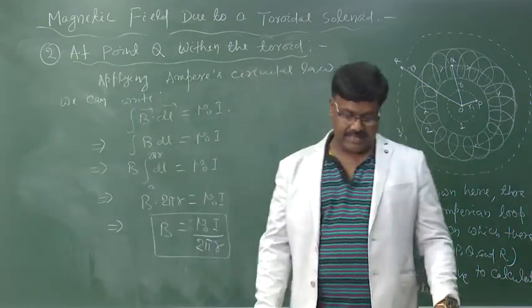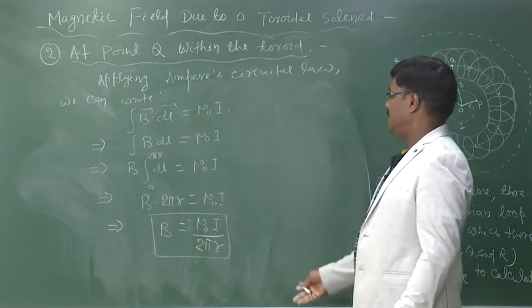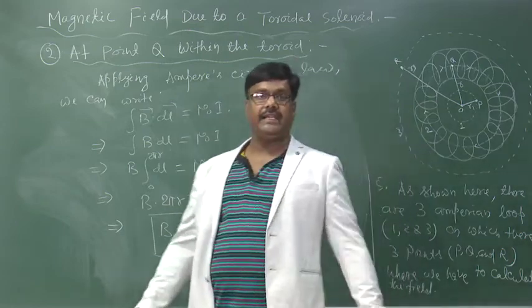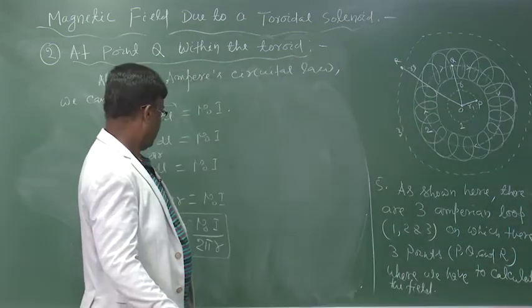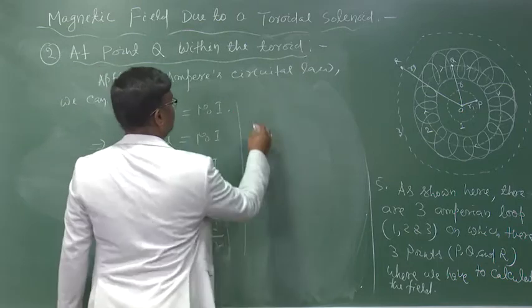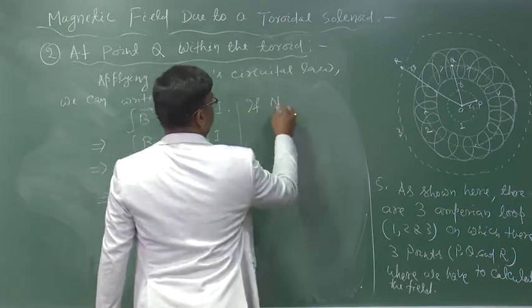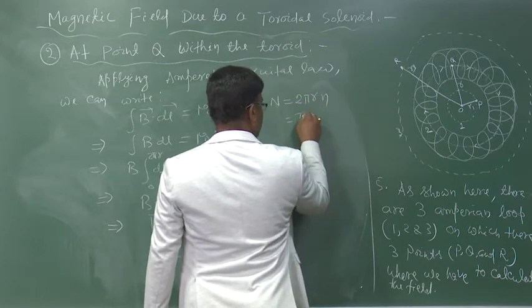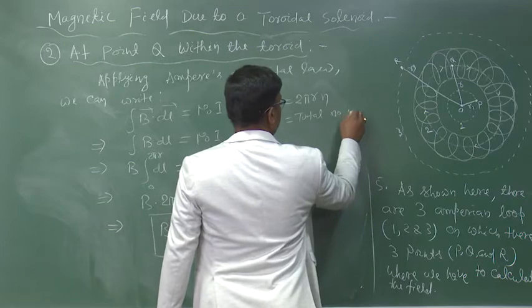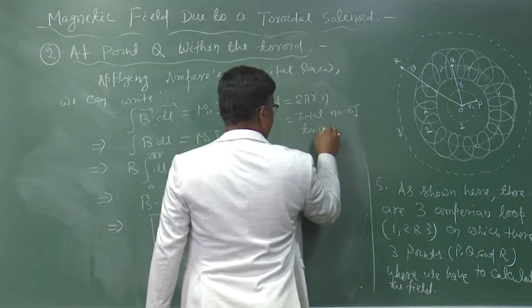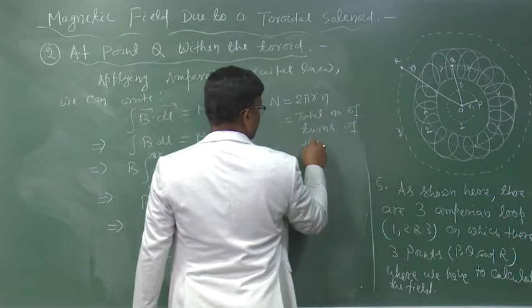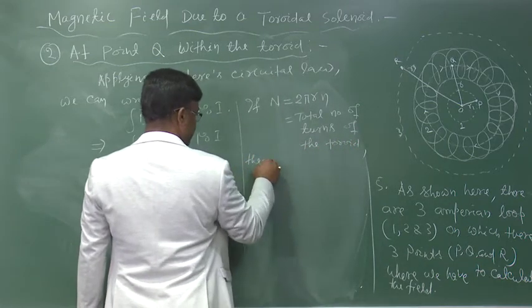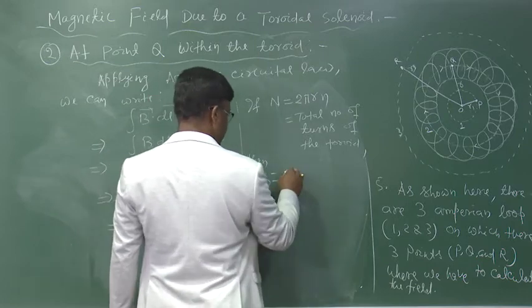This is the expression for the magnetic field strength at the point Q lying within the toroid. And if capital N equals 2 pi r n, the total number of turns of the toroid, then B will be how much?